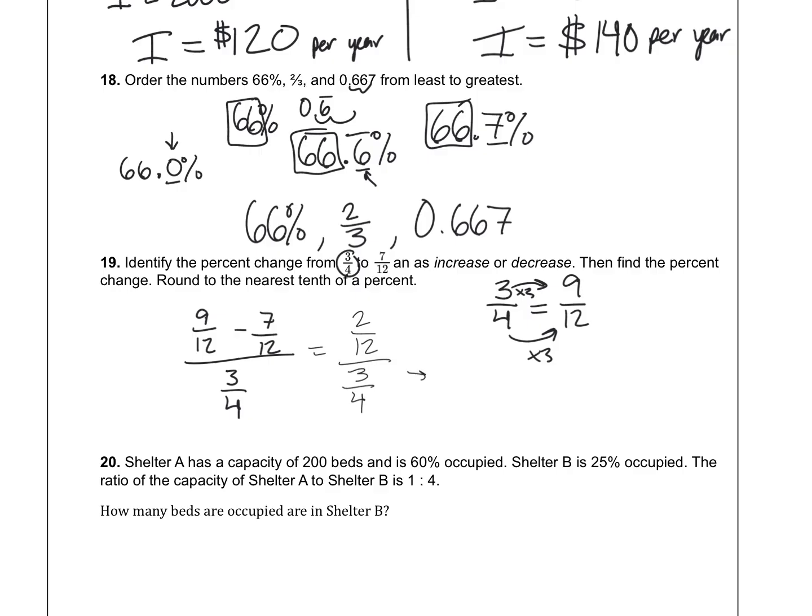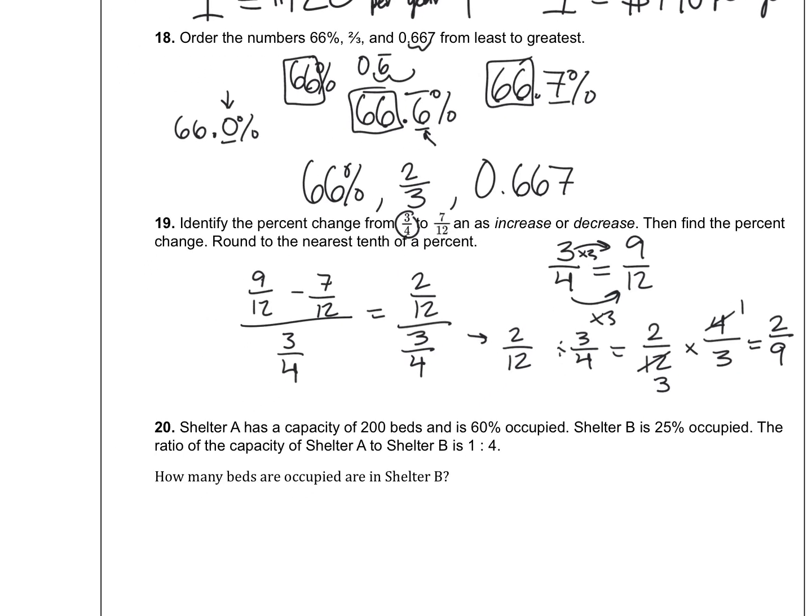This can be written similar to this, which we know dividing fractions simply we would multiply by the reciprocal. 12 and 4 can simplify into 1 and 3, and I get an answer of 2/9.